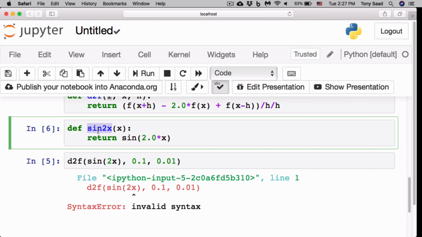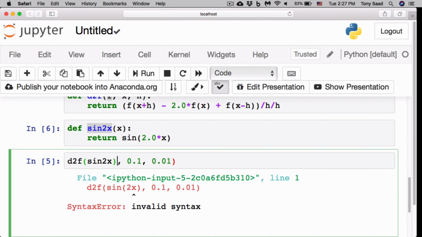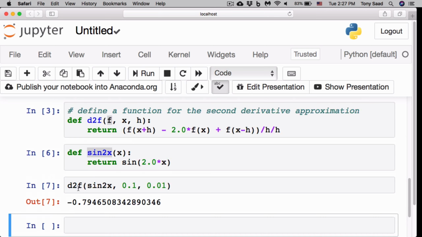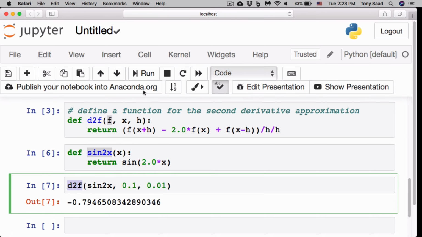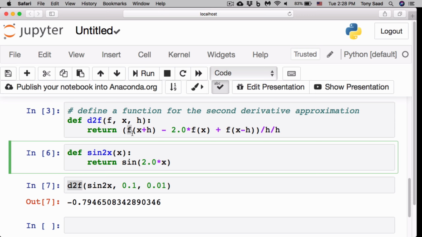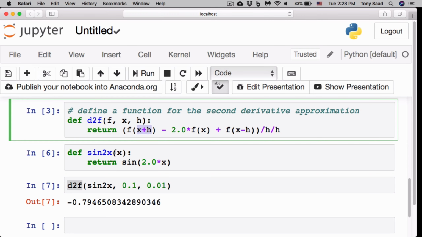Do you now see how, if I pass sine 2x now, look at that. So now what Python does, in this d2f, it says, oh, f is a name called sine 2x. Where is it? Is it defined? Yes, it's over here. It's sine 2x. So it replaces the letter f with sine 2x, and then simply puts in these arguments and does the calculation.